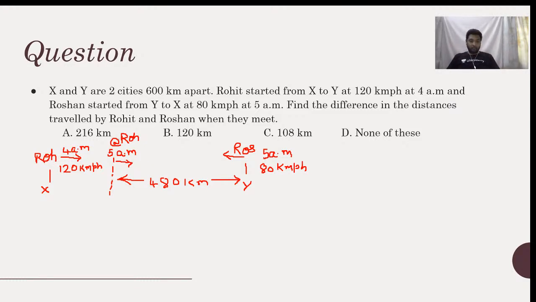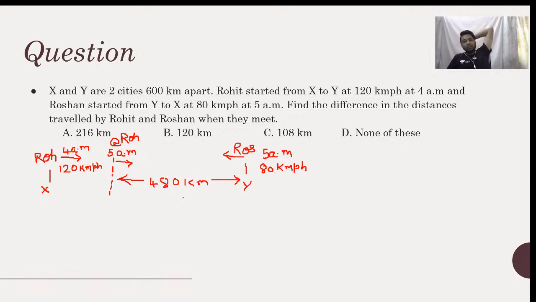In order for them to come closer by 480 kilometers, if for 200 kilometers it is 1 hour, then for 400 kilometers it will be 2 hours. For 80 kilometers, for 200 if it is 1, then for 1 it is 1 by 200.